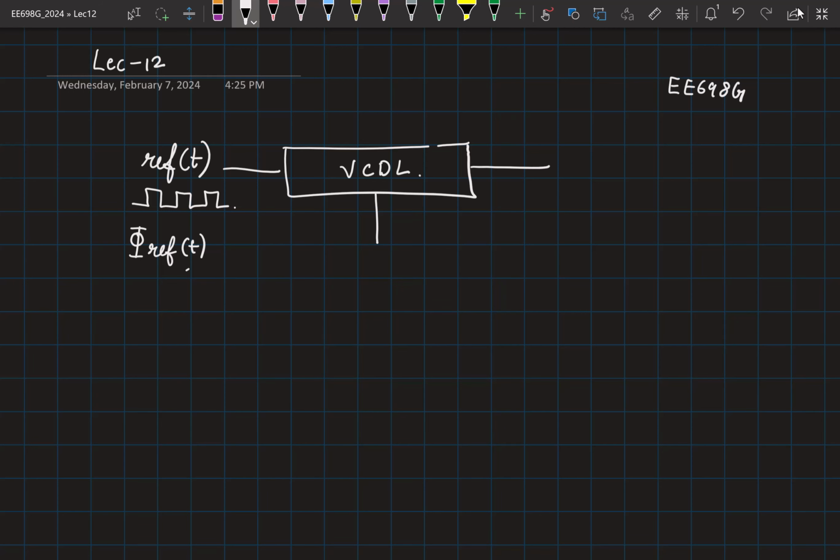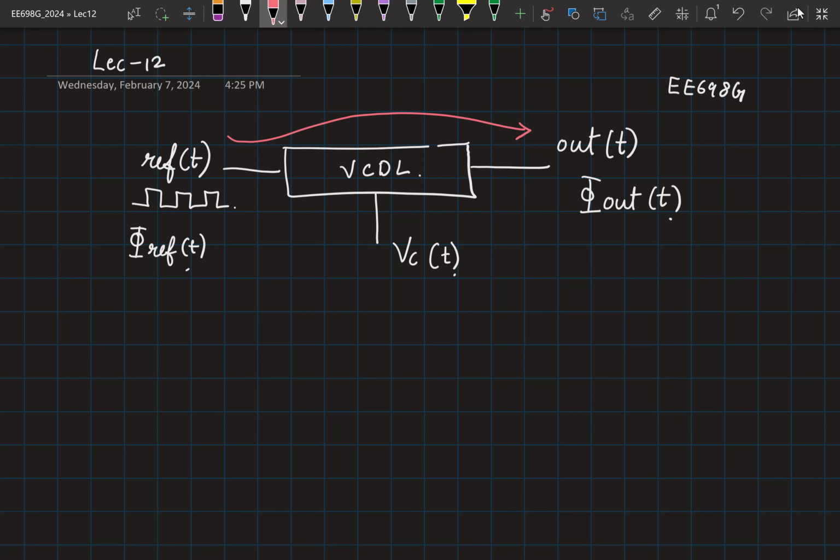We also have a control voltage, Vc as a function of time. And then we have out of T, and again we are interested in the phase of this output signal. So there are two paths, and we said we will deal with one path at a time, and we have been currently looking at the path from reference to the output.